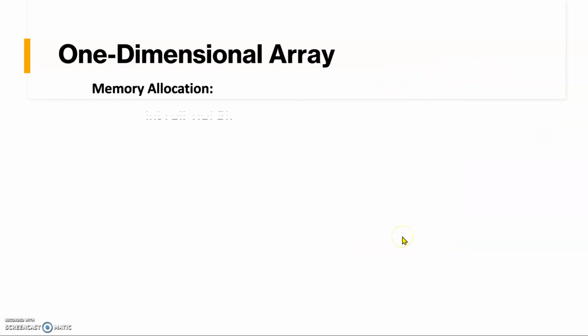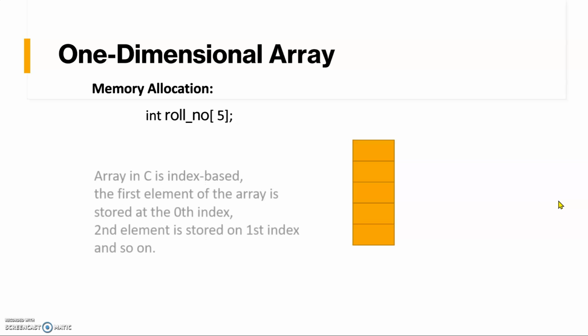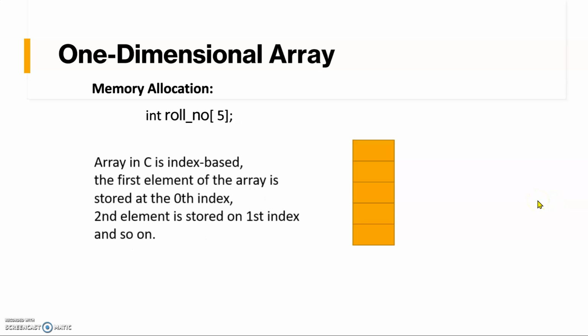Once you declare, how will the memory be allocated? Let us consider you have declared int rollnumber[5]. Whenever you declare like this, 5 memory locations will be allocated, and these 5 memory locations will be given an indexing. The indexing always starts from 0. The first memory location will be given an indexing of 0, second one 1, like that. So individual elements can be accessed by using this indexing.